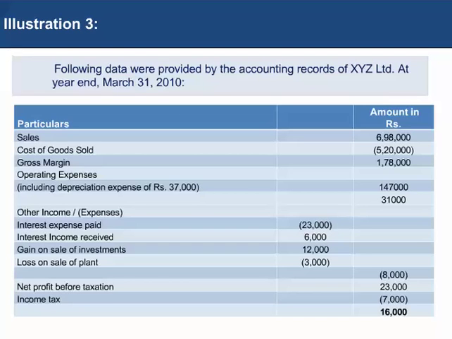Just by reading this question, friends, you should be able to analyze that interest expense paid will be a financing activity, interest income received will be an investing activity, gain on sale of investments should be an investing activity, and loss on sale of plant should again be, the related receipts should in fact be an investing activity. The net profit before taxation is given as 23,000, income tax of 7,000, and finally your profit available for appropriation is 16,000.